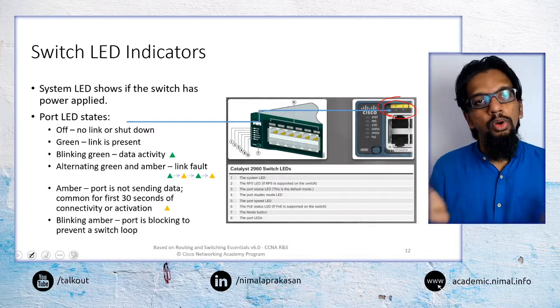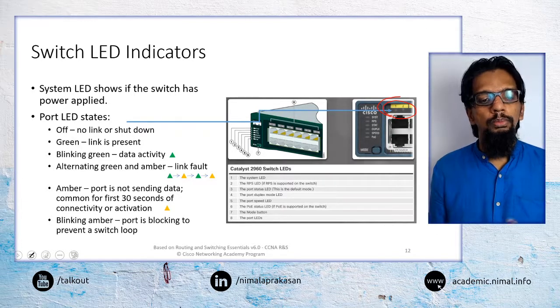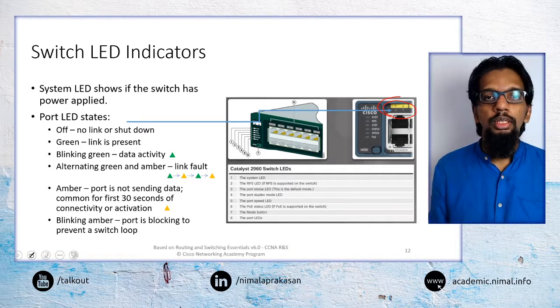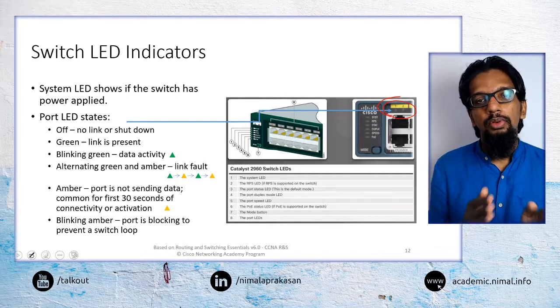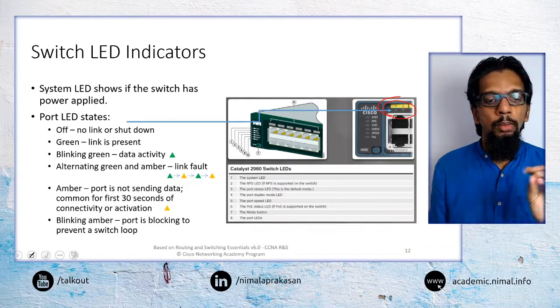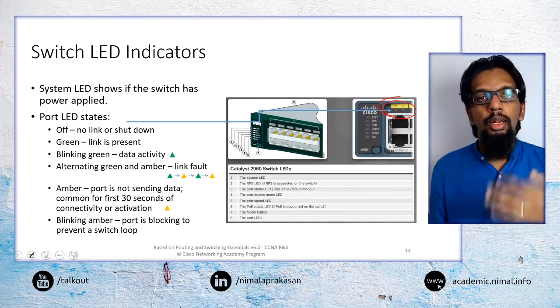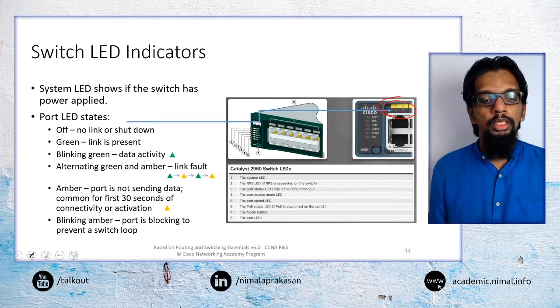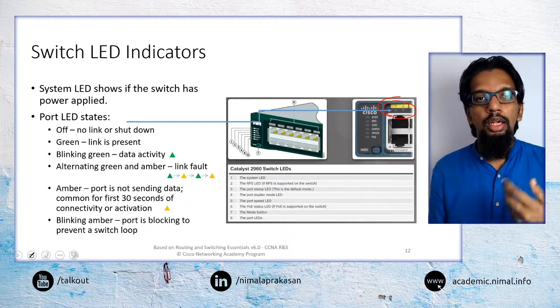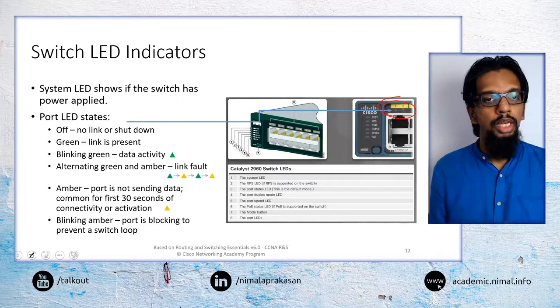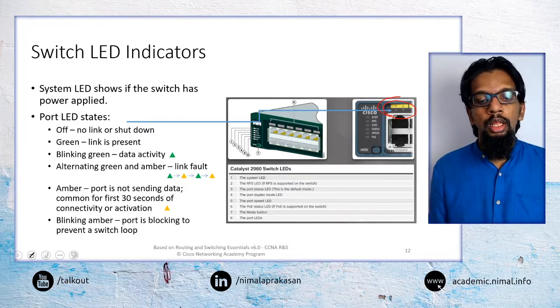The color scheme is normally standard across most switches, but it may differ from manufacturer to manufacturer in terms of how it is implemented. But the common thing is, if it is green, the link is available and working. If it is amber, then it is currently in the process of connecting or establishing a connection.